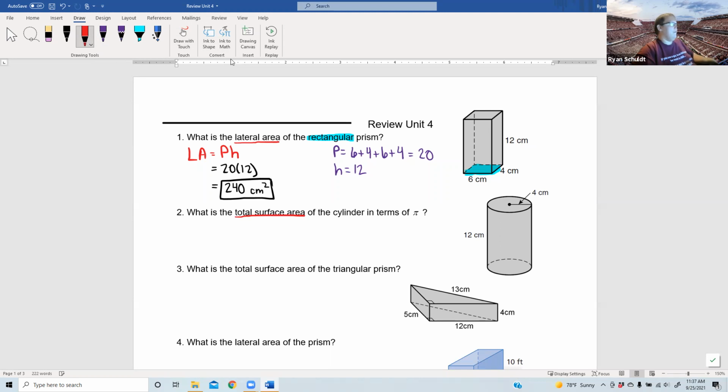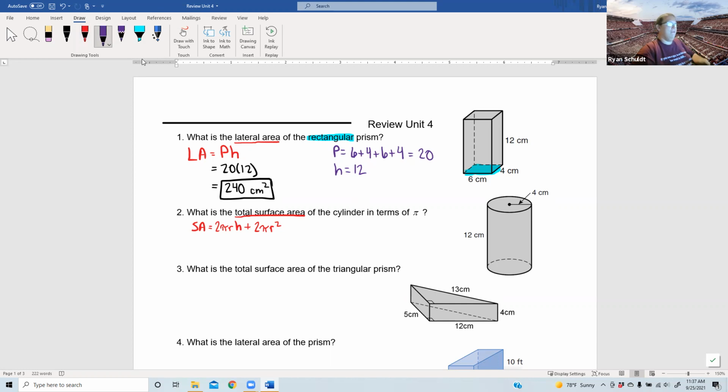So total surface area of a cylinder, it's SA equals 2 pi RH plus 2 pi R squared. So all I need is radius and height.